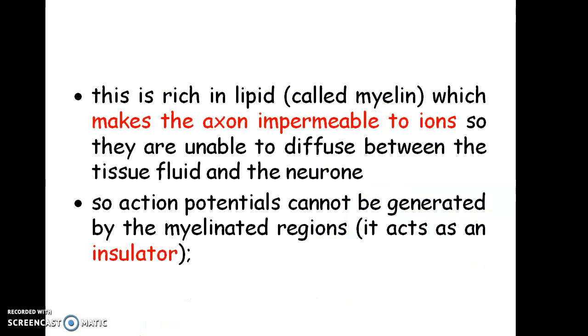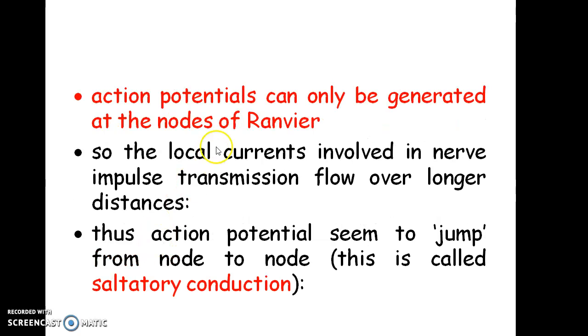In myelinated nerve fibers, action potentials cannot be generated at the myelinated regions because they act as insulators. In the myelinated nerve fiber, the action potentials are only generated at the nodes of Ranvier, and the potential seems to jump from one node to another node, and this type of conduction is known as saltatory conduction.